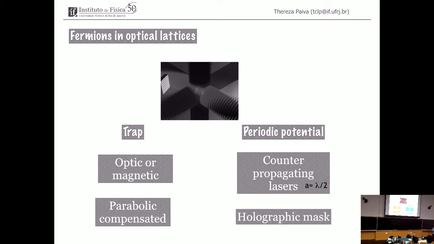So we have laser counter-propagating in 1, 2, or 3 dimensions, depending on the experiment we want to make. And when we do so, we generate a standing wave, and the atoms like to sit on the minima of these standing waves. There are other ways of generating a periodic potential, holographic mask, but this is the most used one.